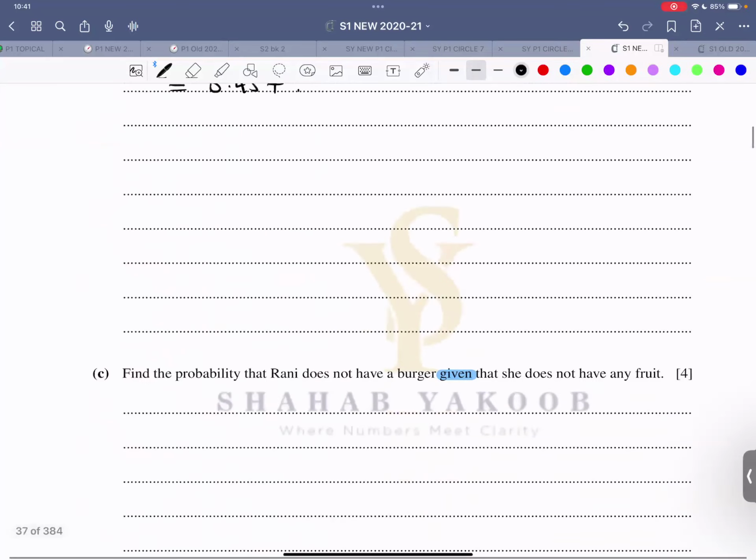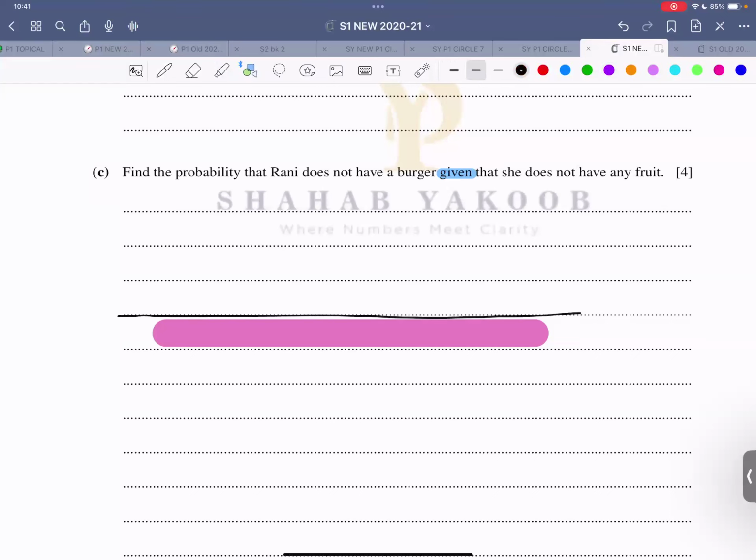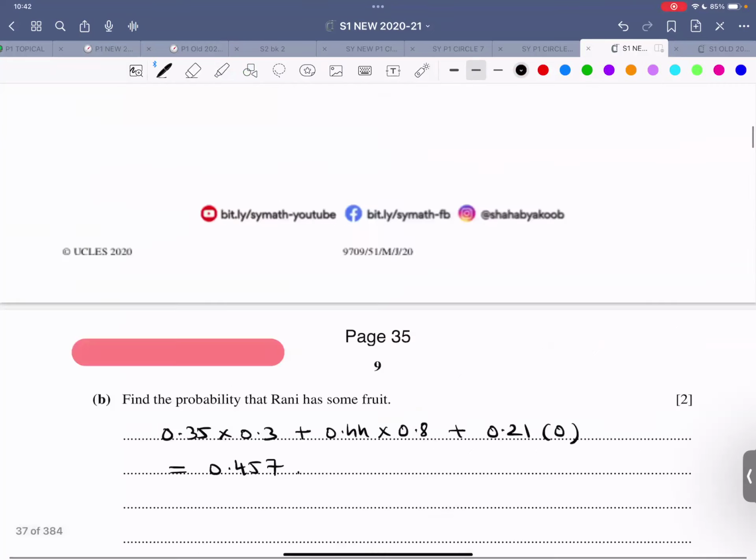0.35, 0.7. Let me write over here, first of all. So that is this thing. Hold for a second, and let me draw a line like this. So the condition goes down in the denominator, given she does not have any fruit. So not having any fruit is this thing.